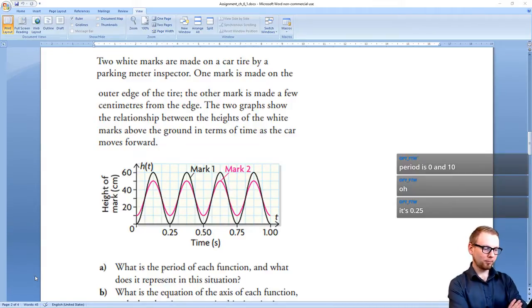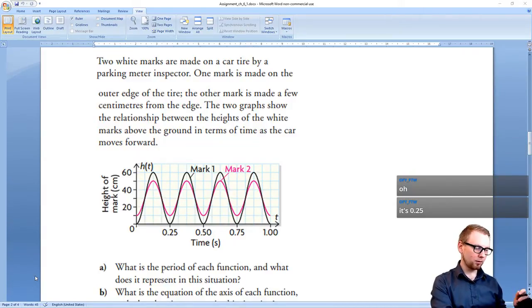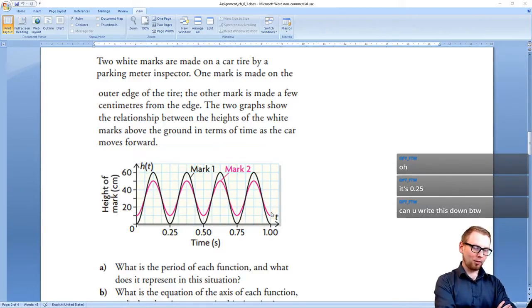Yeah. Because it starts at 0 here, goes up, and ends at 0. Then starts again. And starts again. Again. That's the big one. The black one. Or Mark 1. What about Mark 2?